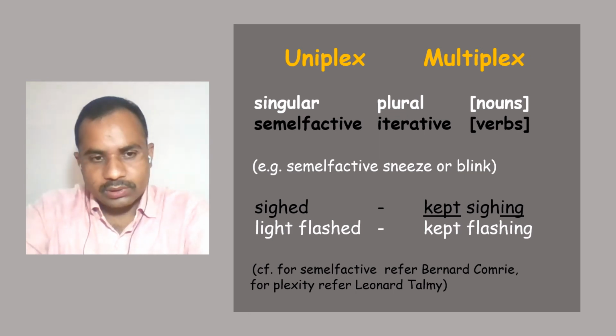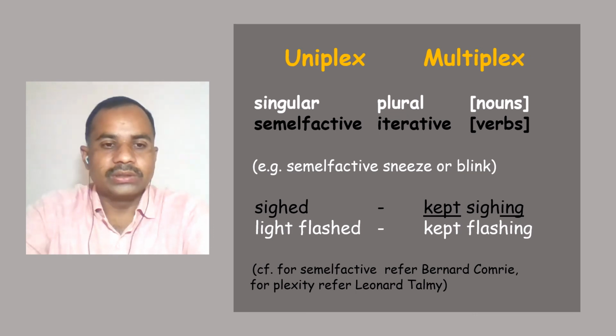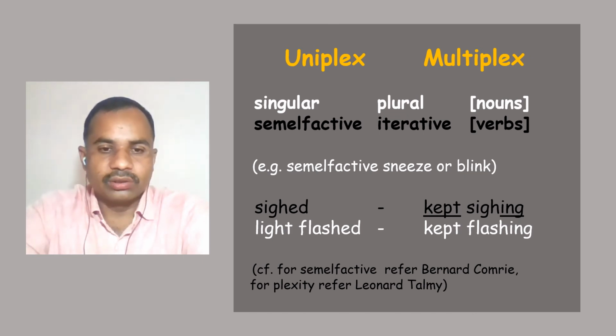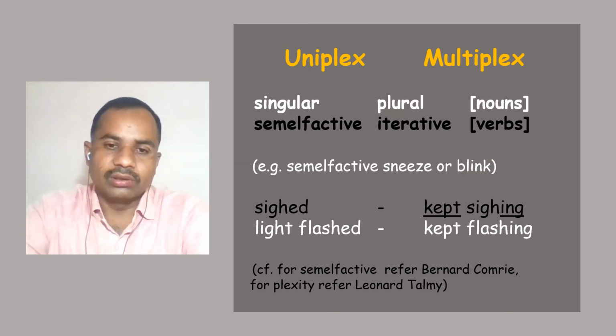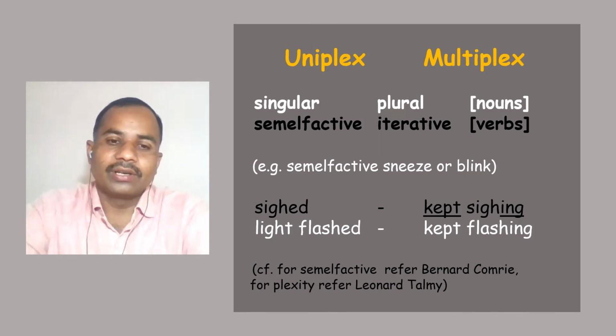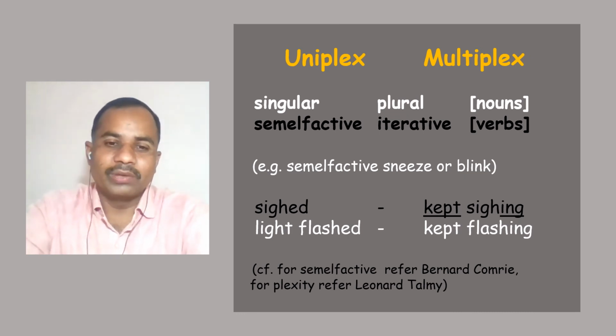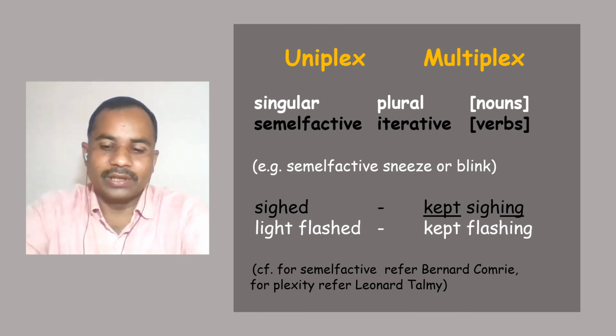So, for example, Talmy gives the example sigh: once someone does this action, and if it's repetitive, we have kept sighing, and light flashed, and the light or lights kept flashing until I reached the other end. So this is another kind. If you are interested in knowing these kinds of things, you may refer to Comrie and Talmy for that matter.